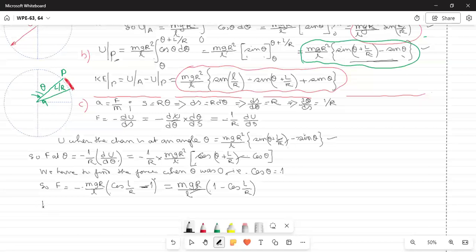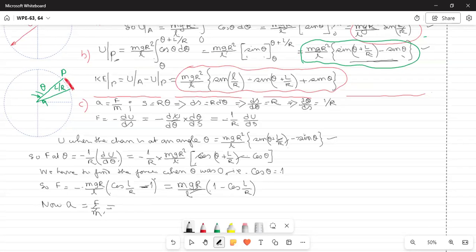Now they wanted us to find the tangential acceleration. Tangential acceleration is F divided by the mass of the whole chain. So if you divide m g r by L by mass m, the m will cancel.